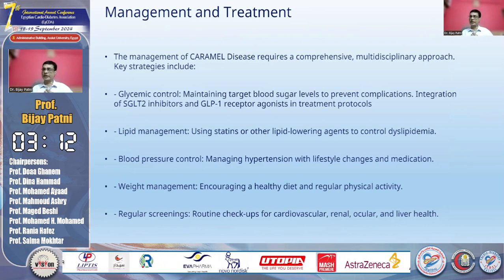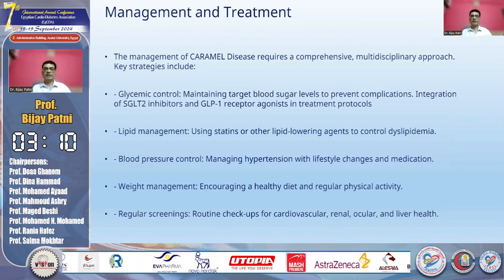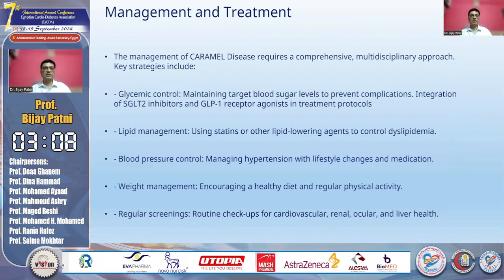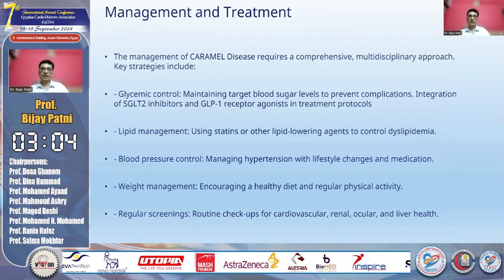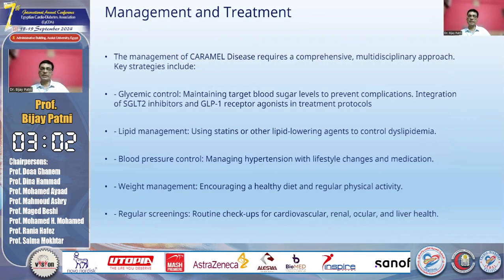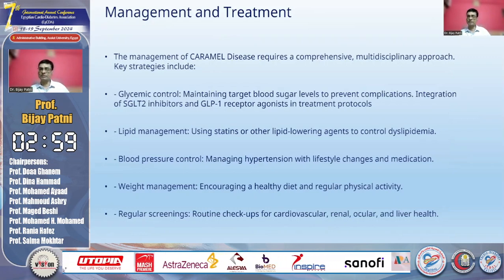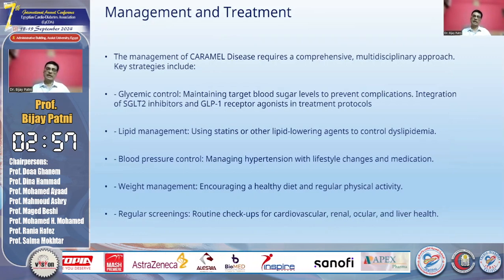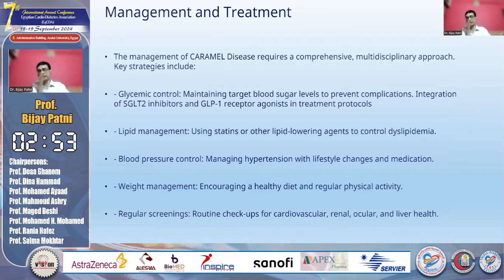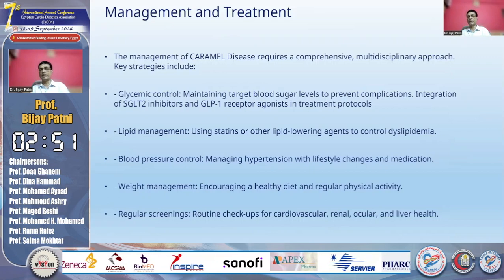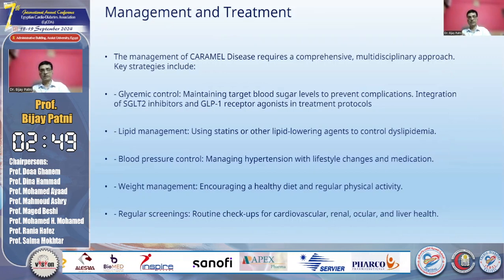So management has to be very comprehensive. A multidisciplinary approach is essential. The key strategy is obviously to take control of the glycemia. And here the SGLT2 inhibitors and GLP-1 receptor agonists play an integral part as a treatment protocol, because they can address both the glycemia and various other pathogenesis along with weight loss.